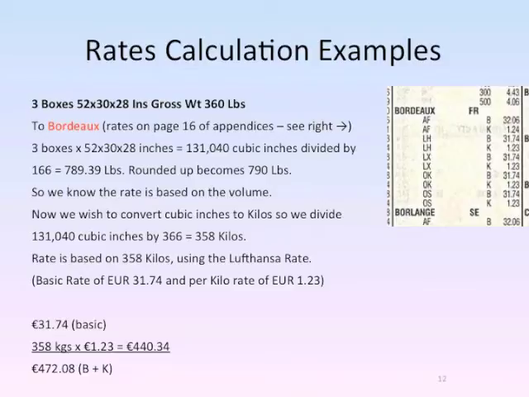So the rate is going to be a basic rate of €31.74, and we multiply 358 kilos by €1.23 and we get €440.34. So then we add the basic rate and the per kilo rate together and we get €472.08. So this is the rate we will charge out to the customer.